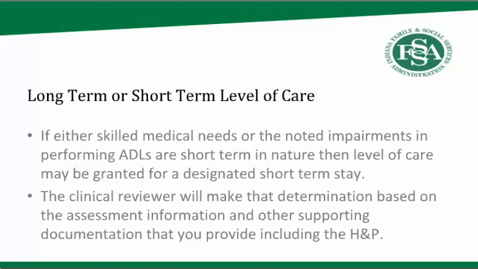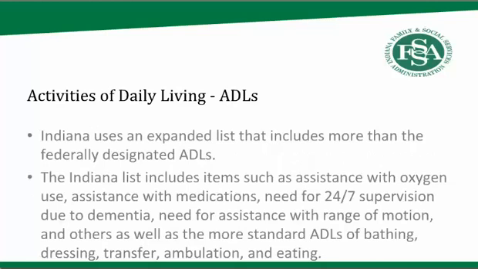When we talk about activities of daily living, we use an expanded list that's much more inclusive of other impairments that a person might have than the federally designated ADLs. That's a shorter list of 5 or 6 things like bathing, dressing, ambulation and transfers.